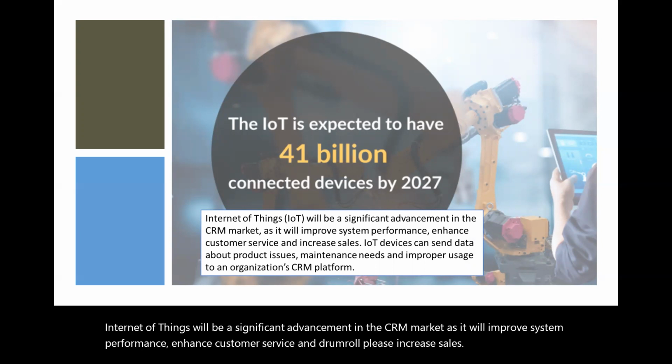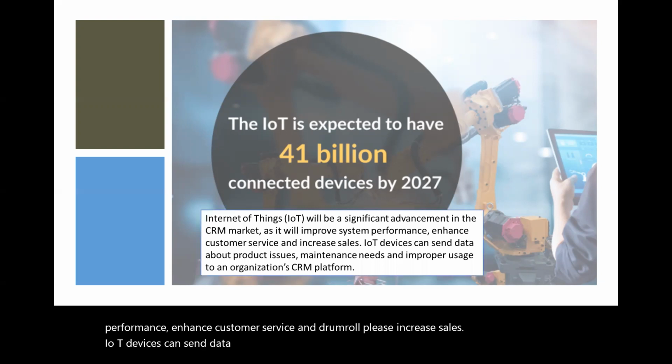IoT devices can send data about product issues, maintenance needs, and improper usage to an organization's CRM platform. If there's trouble in paradise, we want to know as soon as possible. And we'll get there through IoT.